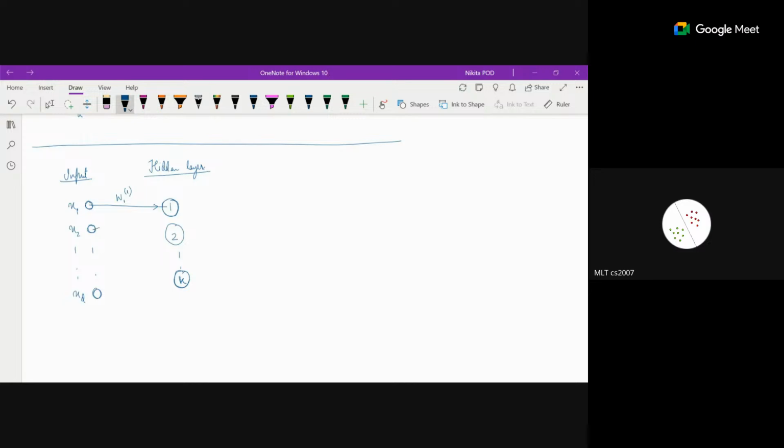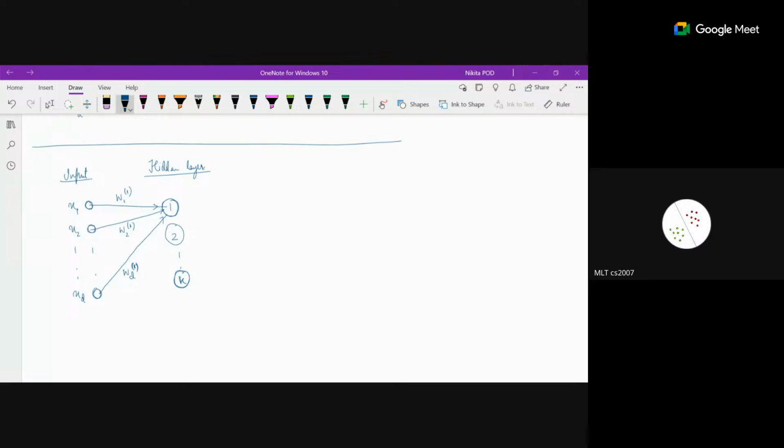If I talk about X2, it can go to the first neuron with the weight W2 for 1, and so on for all the data points. For XD, this will have the weight WD, and this subscript 1 denotes which neuron I am feeding this weight to, for each of the data points.